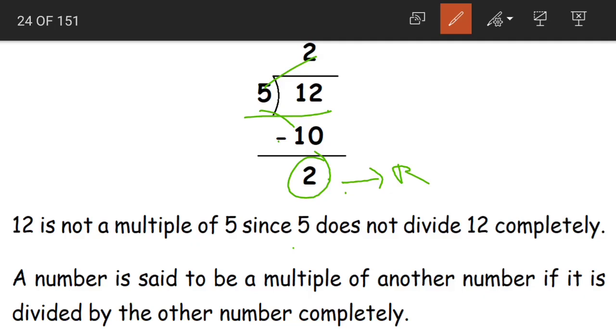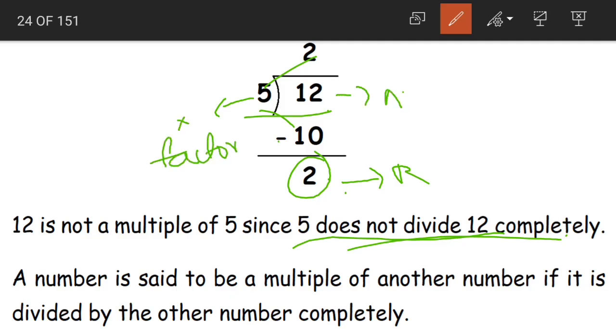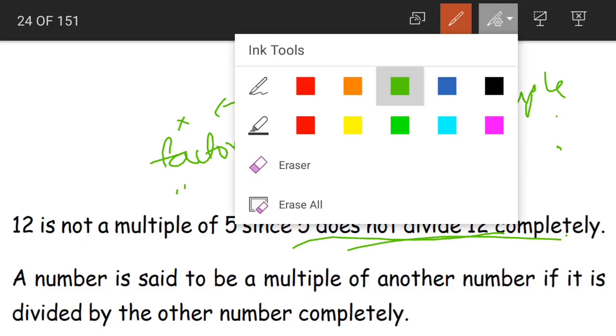That means 5 does not divide 12 completely. So 5 is not a factor of 12 and 12 also does not become a multiple of 5. Understood? Both factor and multiple. If it is a factor, then it will be a multiple. If it is not a factor, then it will not be a multiple.